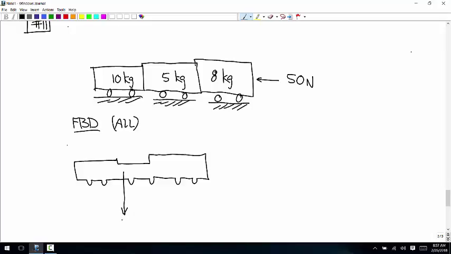That's 23, the whole thing has a mass of 23 kilograms, so 23 times G. And then go around the boundary and look for where the surroundings make contact. There's a pushing force from the ground. I'll call that N total. There's a 50 Newton force over here. And then there's no other contact with the boundary. So that's it. And then Newton's second law, I'm just going to use the X equation.